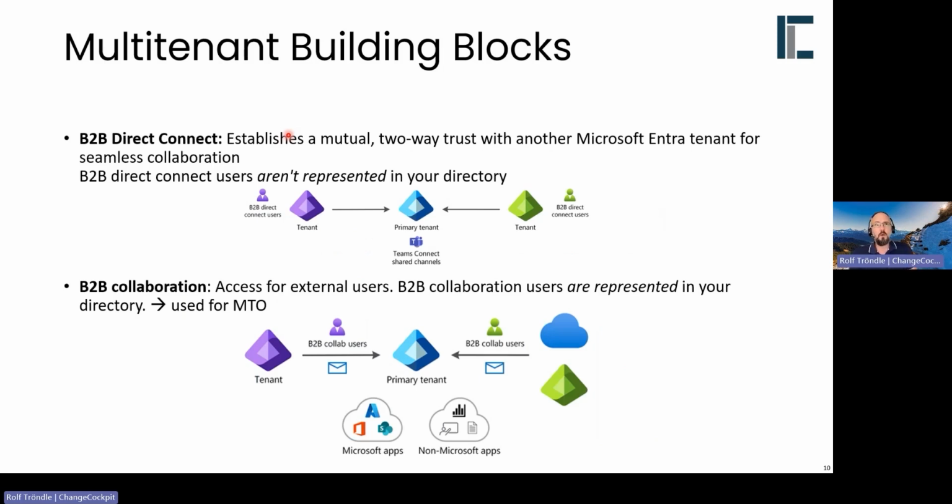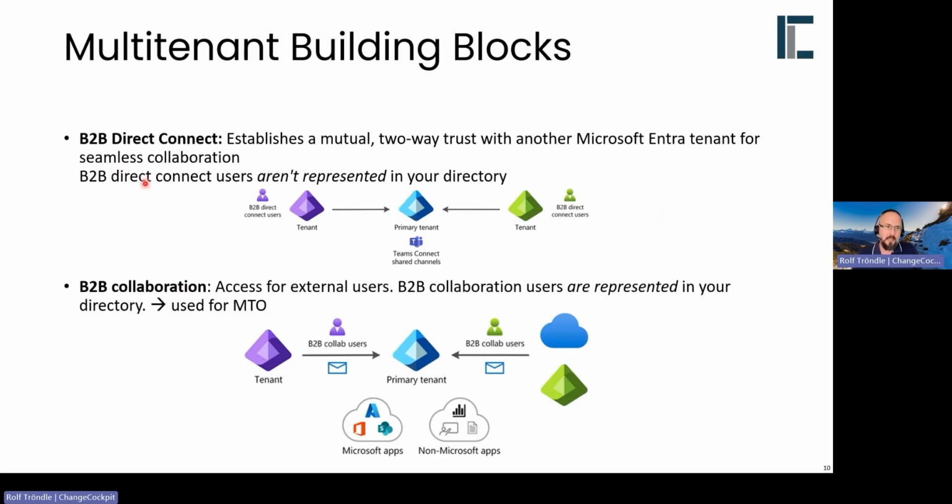Then the next building blocks, or the next two topics, are B2B direct connect and B2B collaboration. As mentioned before, with B2B direct connect, using cross-tenant access settings, we establish a mutual and two-way trust with the other tenant. And the most important thing is how we distinguish direct connect from B2B collaboration.